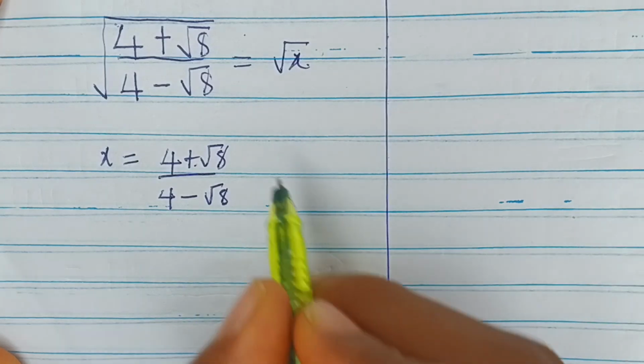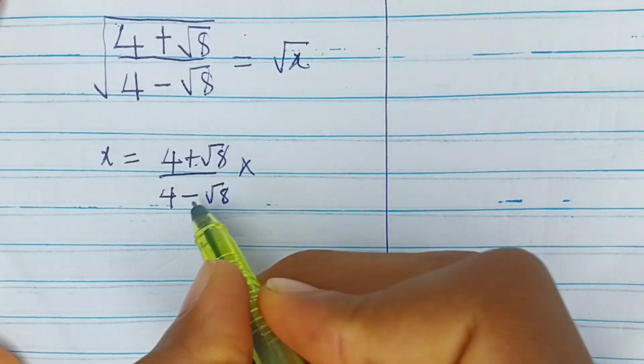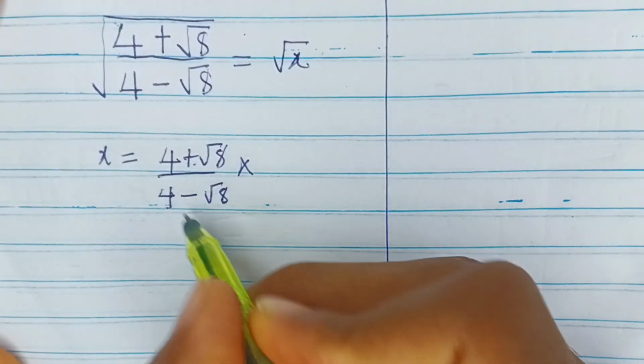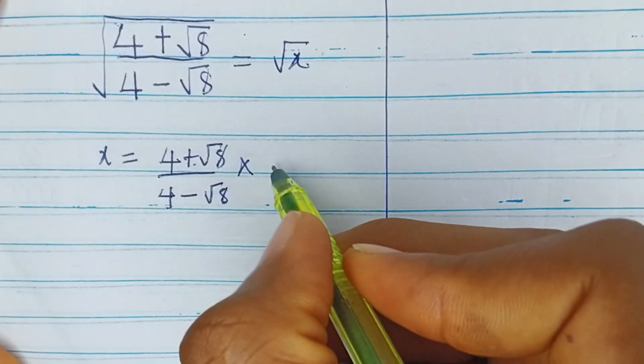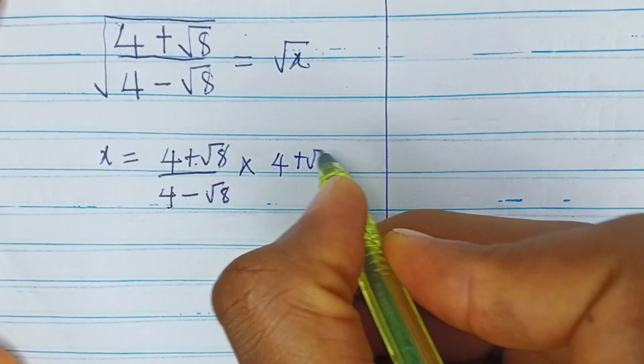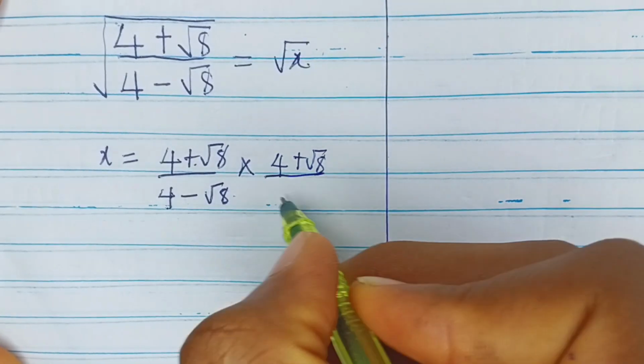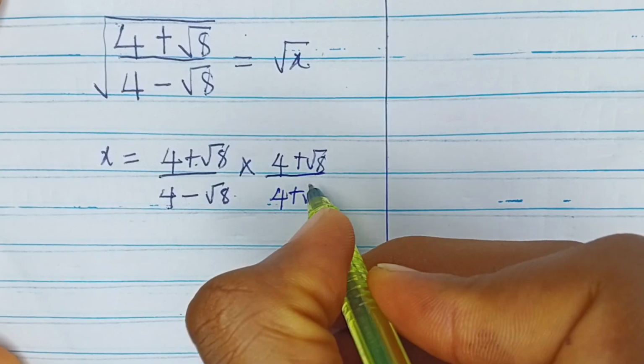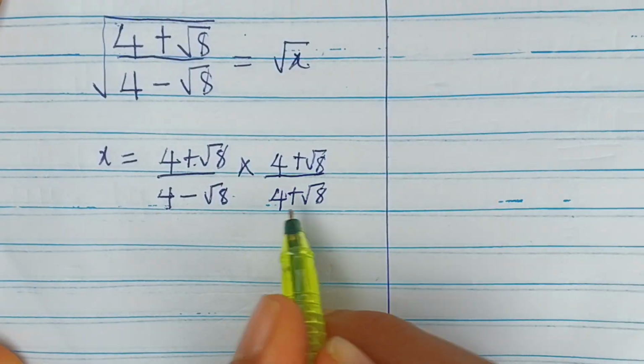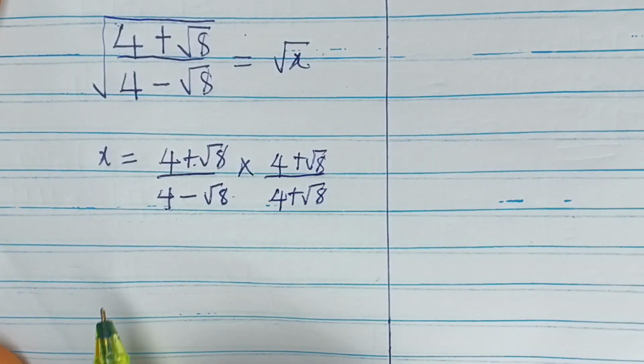What all this big grammar means is I'll multiply here by this, but I have to change the sign in between. So I'll multiply the numerator by 4 plus root 8, and the denominator by 4 plus root 8. Basically, the basis of this is that it's still the same thing.